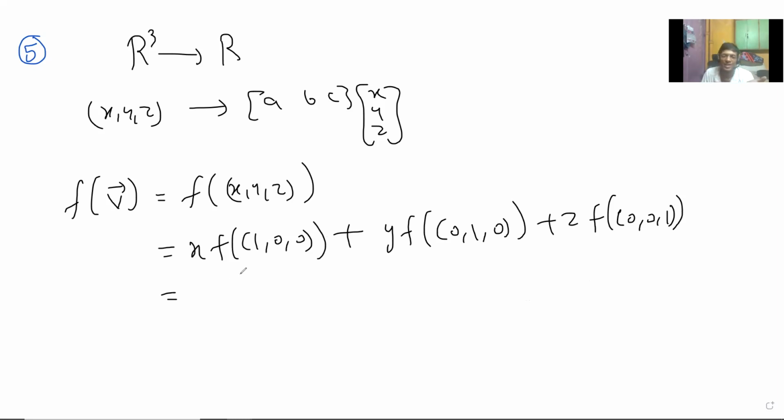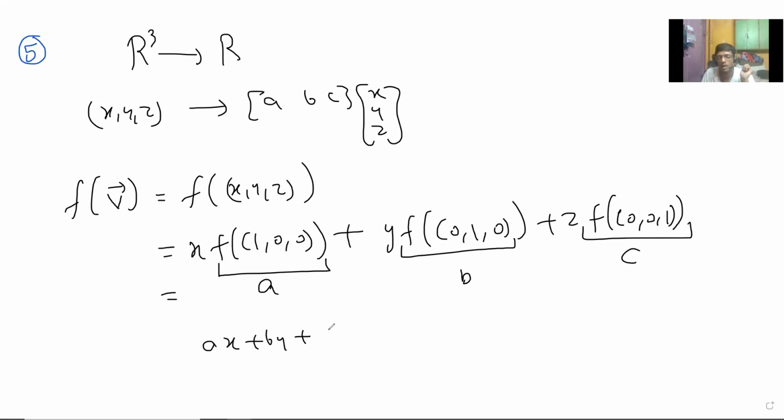So you know what your matrix is. Basically you have found all the functions. I need to decide these three values. So this will be your A, this will be your B, this will be your C, and everything else is determined. So it will be of this form. And now whether you want to write it as a matrix or not, that's up to you. You don't have to, but this tells you all.